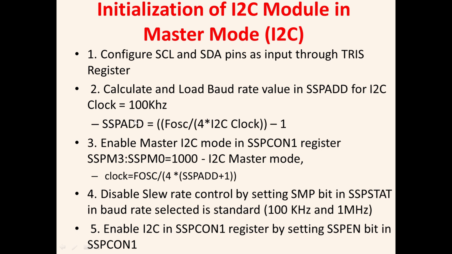So SSP add is nothing but your slave address, and that will get masked with the help of the mask bit in the case of I2C, and in that manner the exact communication from your respective master to that slave will be enabled. So this was all about your I2C.